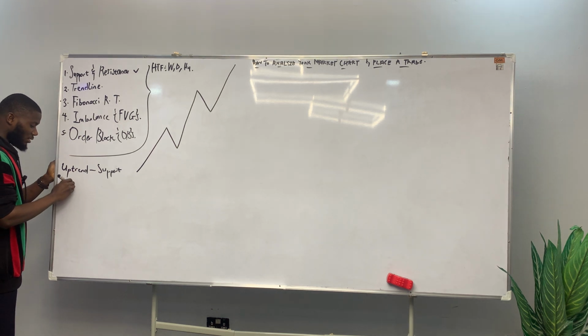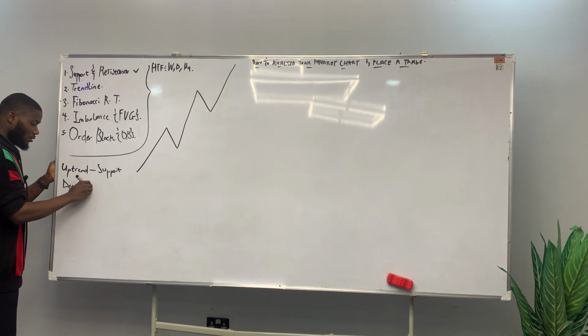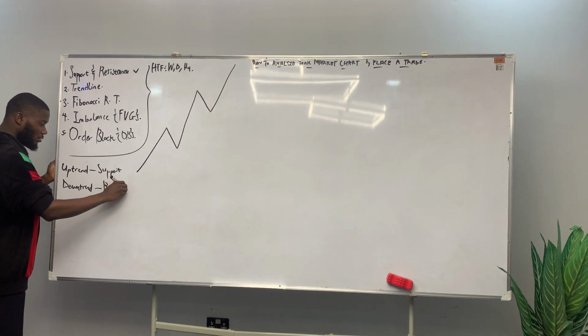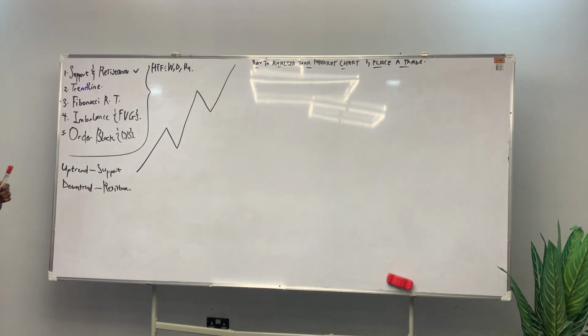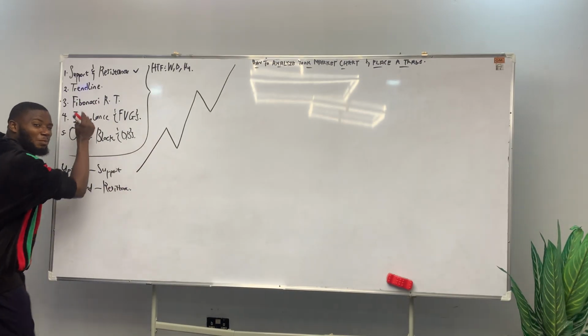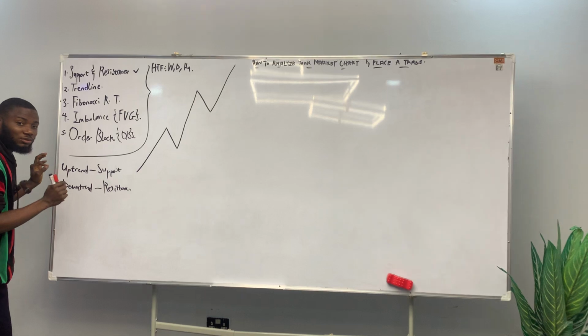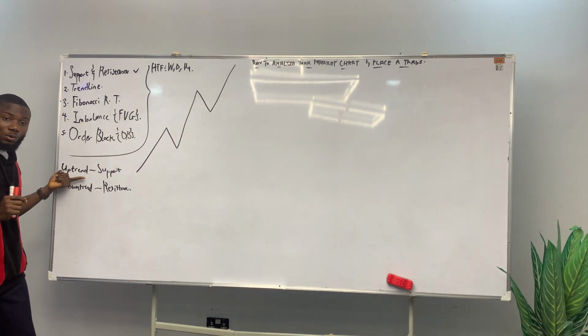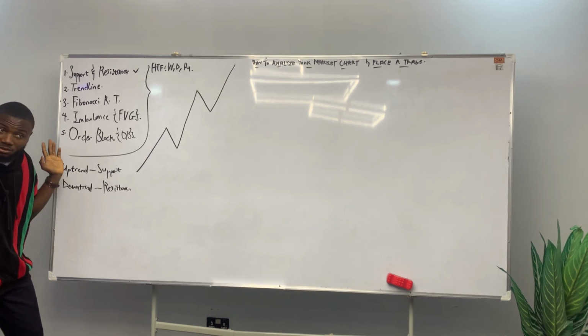Then in a downtrend, we use resistance. So since it's an uptrend, I will use support.